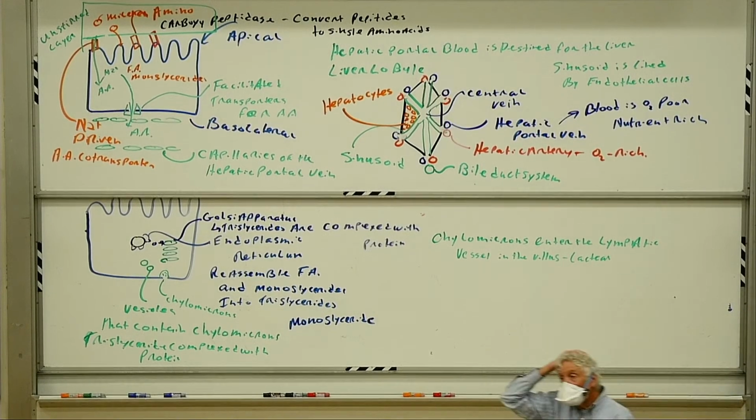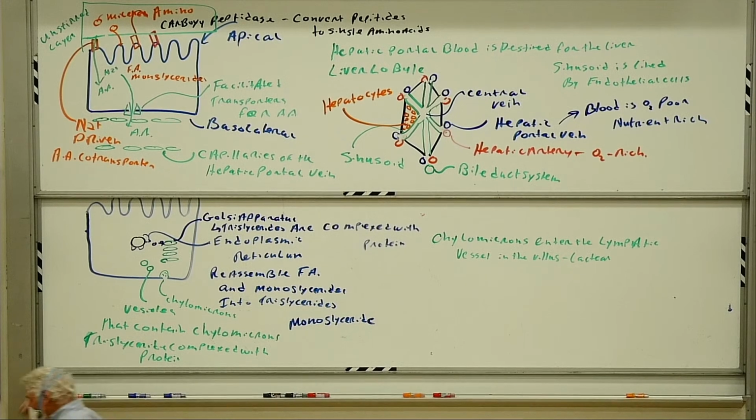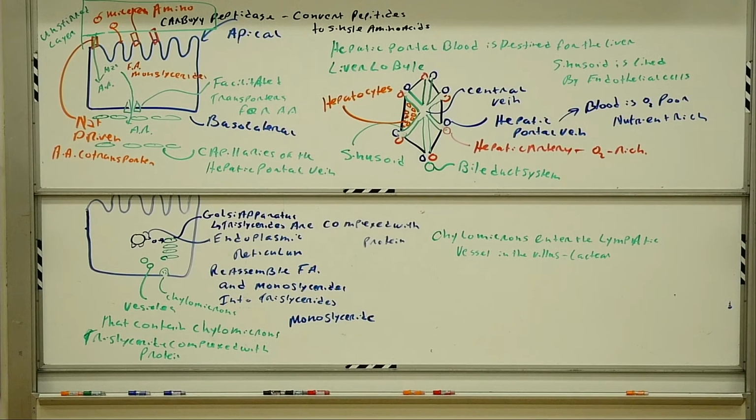How do the micelles get back to the unstirred layer? It's a one-way trip for micelles. So the micelles are formed in the bulk digestion from the lipid droplets. The pancreatic lipase digests the lipids into monoglyceride and fatty acids.